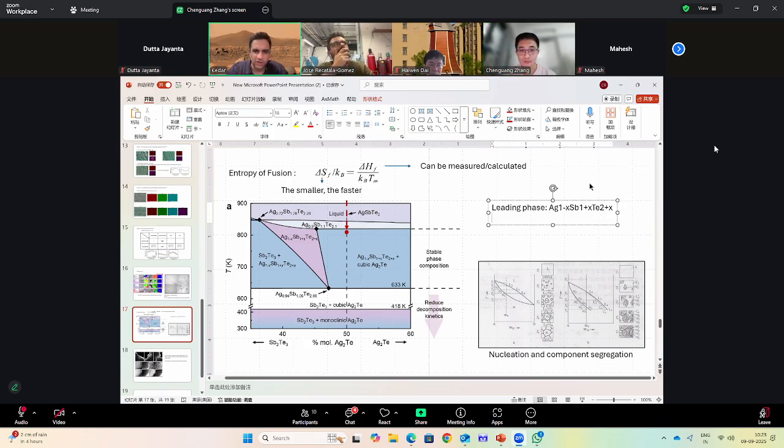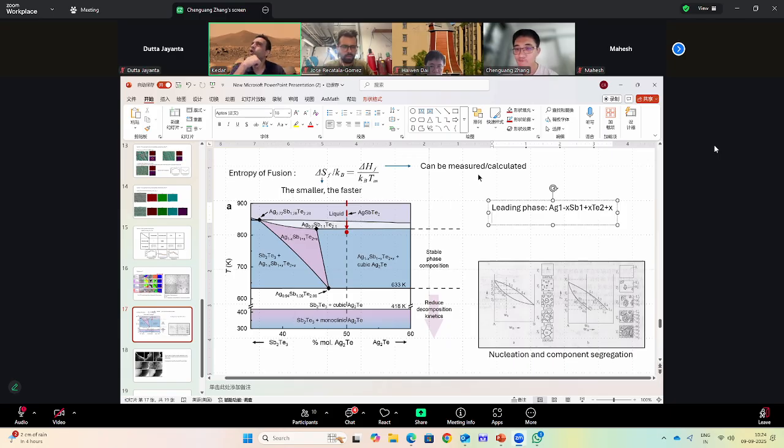Okay, so I have a question on this entropy of fusion. Tm is the melting temperature? Yes, Tm is the melting temperature. Why is that the fixed solidification temperature? What temperature is it on the diagram here? If you see, the Tm should be this line, this green line, the liquid line to the solid phase.